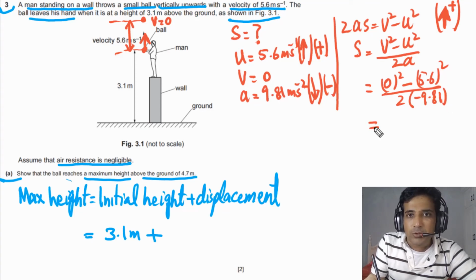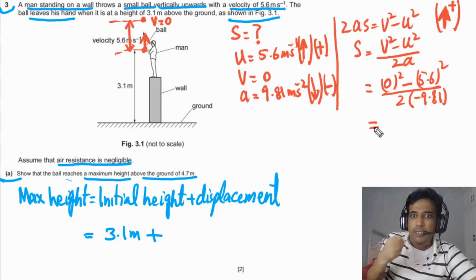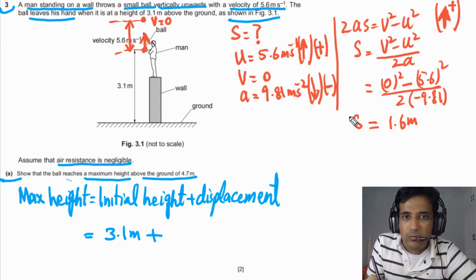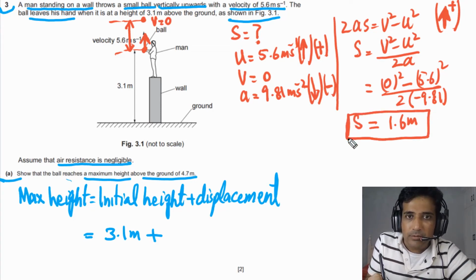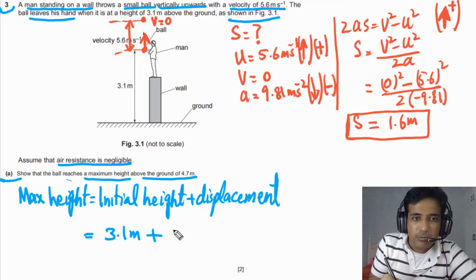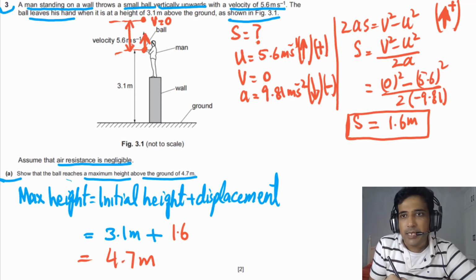Now if we solve this one, we can find the value of s, and the value of s in this case will be equal to 1.6 meters, and this is vertical displacement, and this is positive. It means displacement is vertically upwards. Now simply we have to write down this value here, 1.6. So the final answer in this case will be 4.7 meters, and this is the final answer.